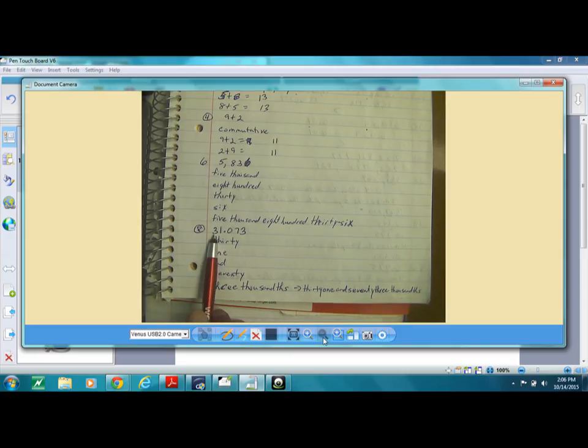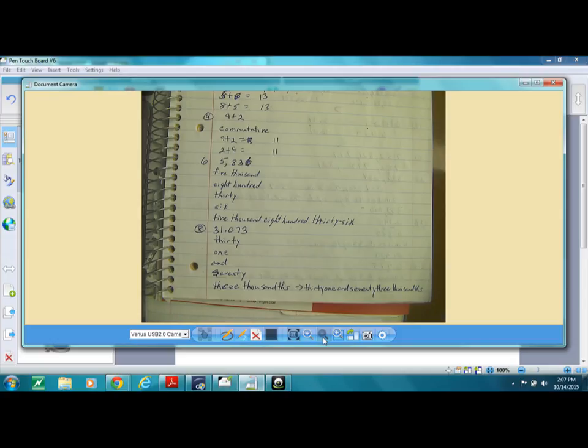I'm going to keep on writing while you write the correct answer for number 8: 31 and 73 thousandths. I'd like you to have this written. 31 and 73 thousandths. Okay?